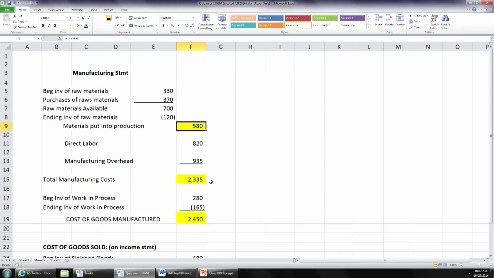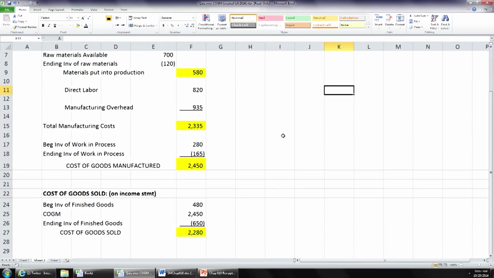Materials put into production, total manufacturing cost, cost of goods manufactured. Did anybody get those 3 answers? Well, you should have written down your answers on the large part of your quiz. Are those numbers familiar to y'all? Yeah, with the 1 in front.